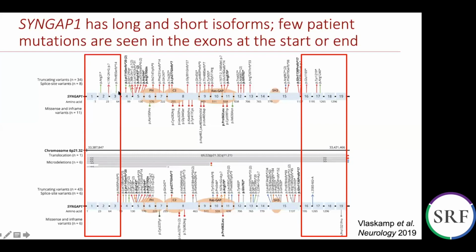This paper is also trying to distinguish them by phenotype, which is what the color is showing, with green being the milder phenotypes. Even those individuals who do have mutations in these first 3 or last 4 seem to have milder phenotypes on average than the other individuals. So from a 20,000 foot view, it looks like there's something funny going on at the start and end of this gene.